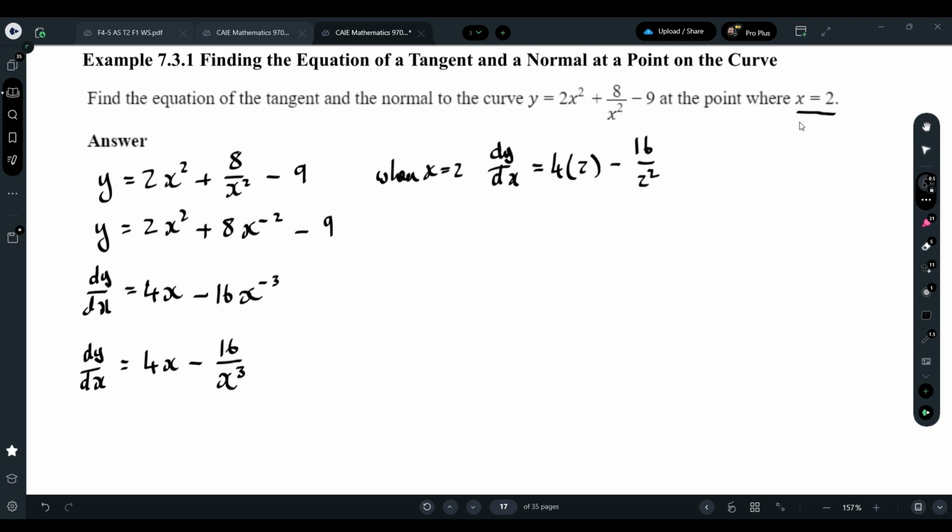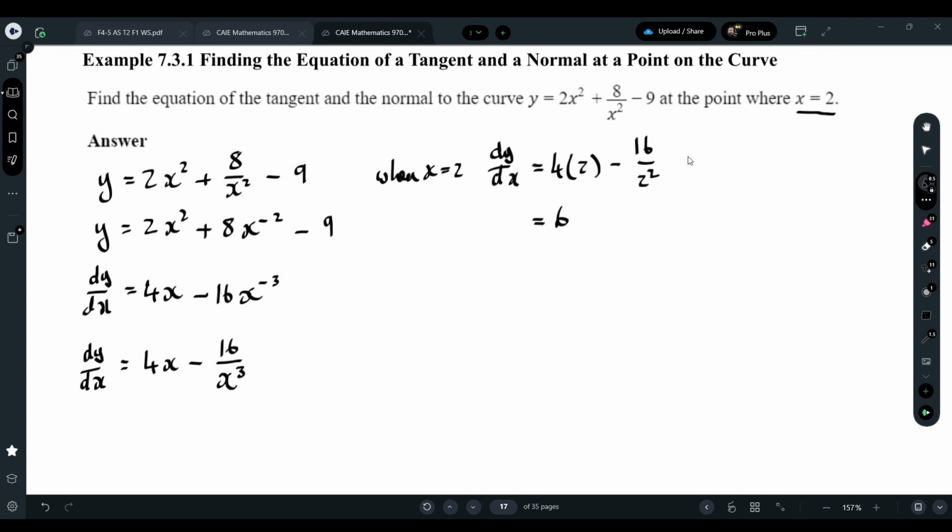What we have done is we have taken this value of x equals 2 and we have substituted it into our gradient function to find out the value of the gradient when x equals 2. When we simplify this expression, we will get the value of 6. So that means in this function here, when x is equal to 2, our gradient will be equal to 6.